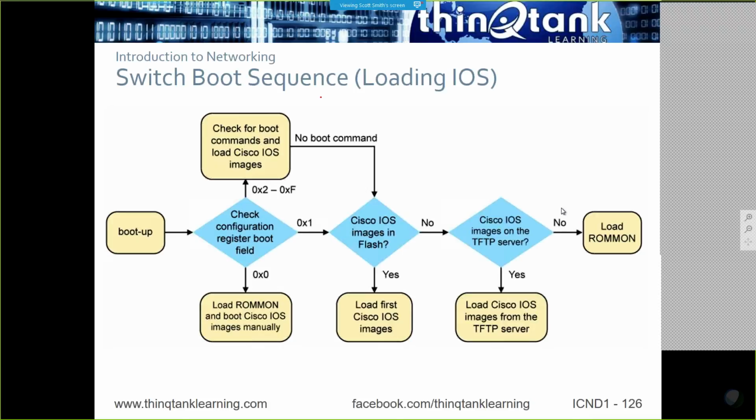That is not done by default. So if you haven't configured TFTP as a boot option, then at this point, we're going to completely fail, and we're going to go into something called ROMMON mode. ROMMON is a prompt that essentially allows you to recover the device, but the device is not functioning. You do not want to see your device in ROMMON mode.